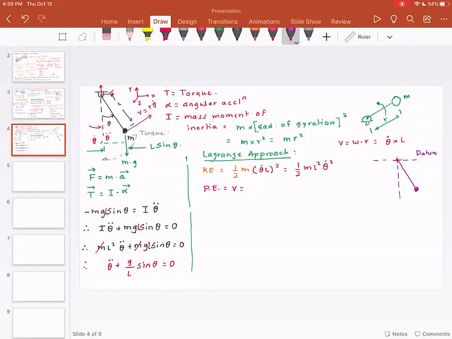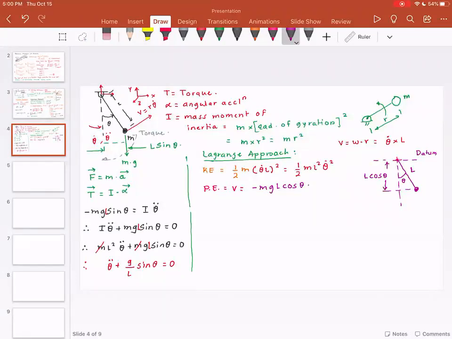I'm interested in finding the vertical distance between the datum and the position of the mass. This is L, this is theta. So this distance is L cosine of theta. Since the mass is below the datum, please note, my potential energy is minus mgL cosine of theta.